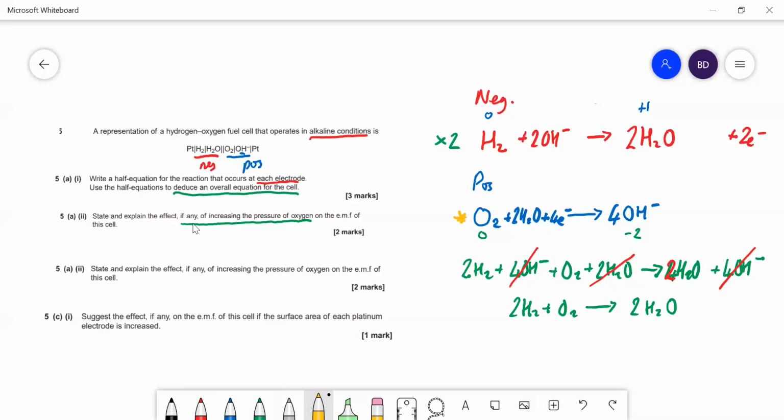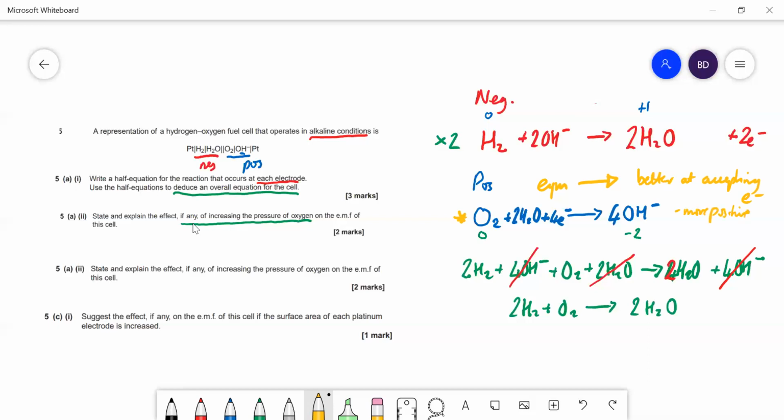Le Chatelier says the equilibrium will try and use up the oxygen, so it will move to the right. That means it's better at accepting electrons. Does that mean it's more positive or more negative? It means it's more positive.